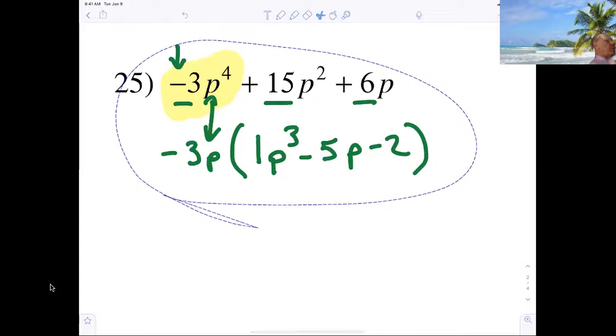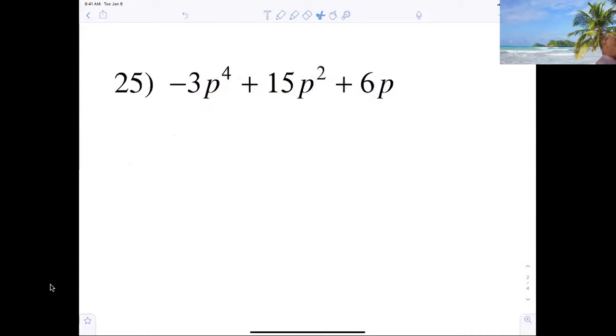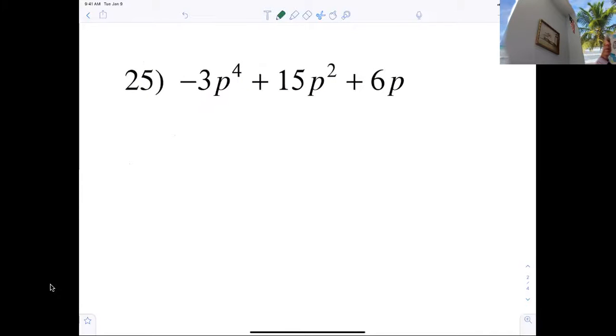Now, close your iPad. I know you have a good memory. I don't want you remembering. I want you to instruct. What is it?